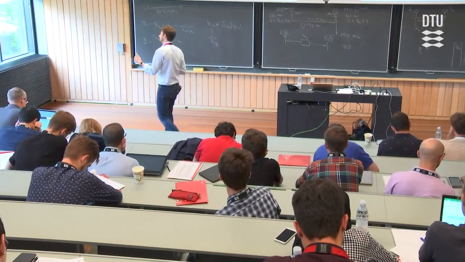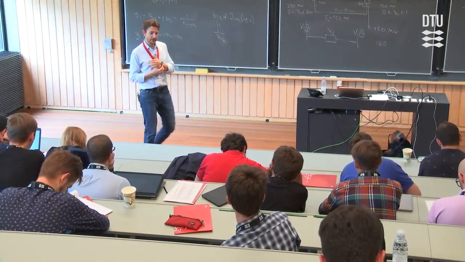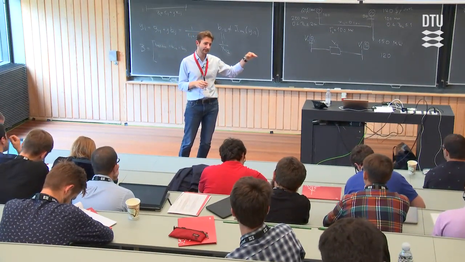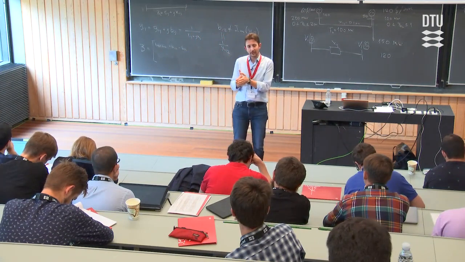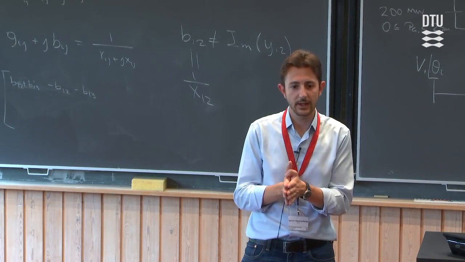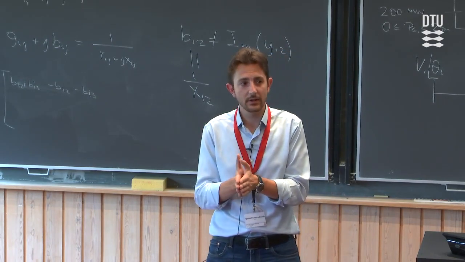After a point, I don't have exactly in mind how much, some kilometers, over 60 for sure, maybe even over 100, the thermal limit is no longer important, and then it's the voltage drop. And for long lines, the important one is actually the stability limit.